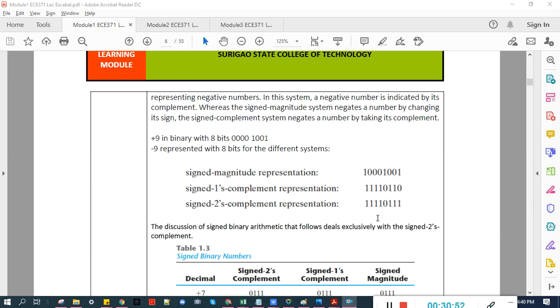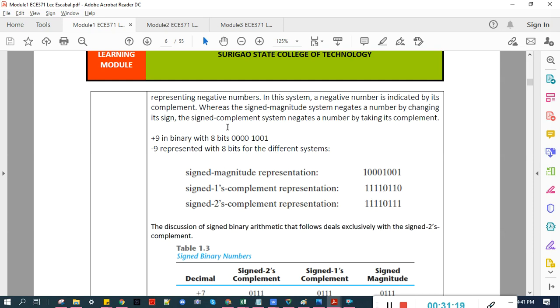What happened for the signed one's complement? We just invert every bit. So we just took the ones complement of the number. To get the ones complement of the number, we invert each bit. So this becomes 1 1 1 1 0 1 1 0.